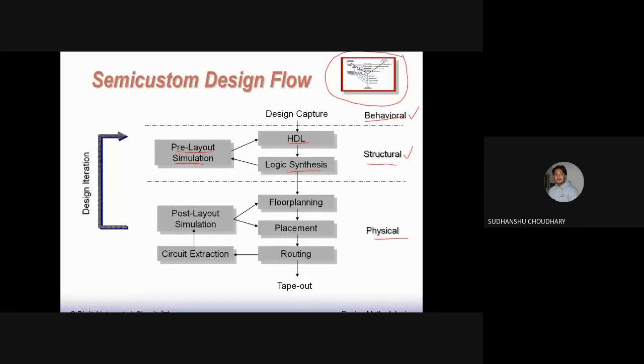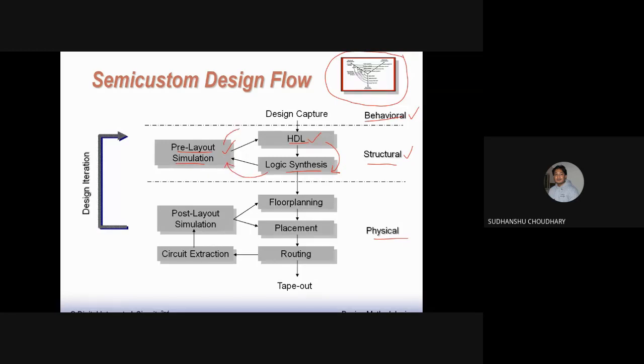And then if there are any timing violations in the pre-layout simulation, you go back and check your HDL code, correct it, and then again perform the logic synthesis. Then again go back to the pre-layout simulation and see the timing violations.